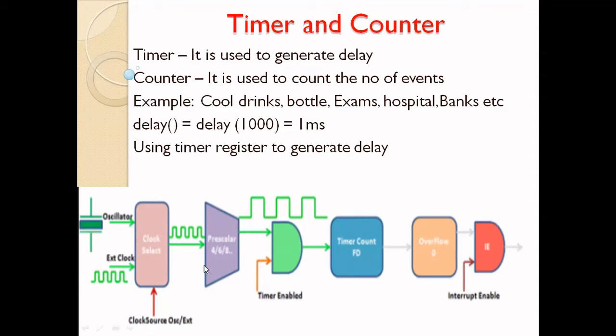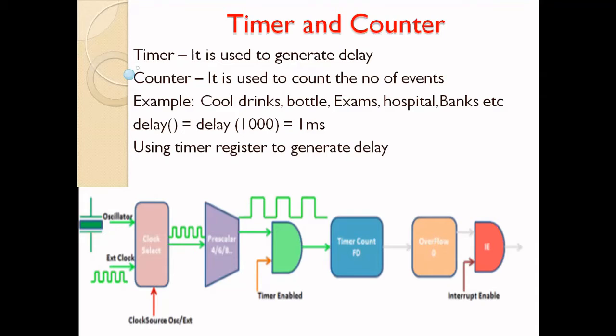Prescaler means, now you take the operating frequency of Arduino as 16 megahertz. The prescaler will divide by 4. Divide by 4 means 16 divided by 4, so you will get 4 megahertz. That frequency will go to the next stage. Or otherwise, if you divide by 16, you will get 1 megahertz.